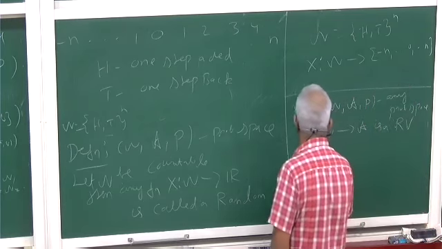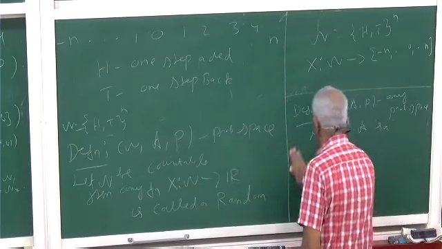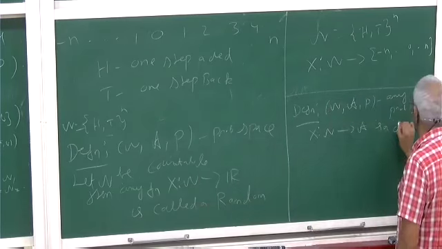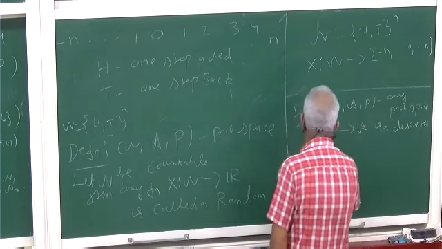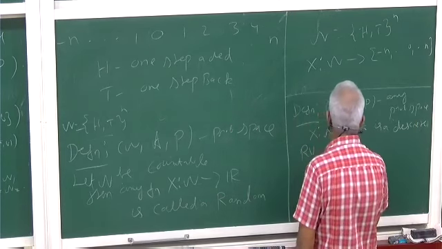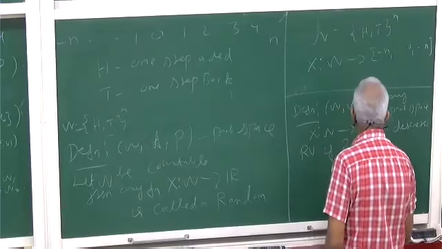It's called a discrete random variable. I am not defining a continuous random variable. It is a discrete random variable if the range of X is countable.